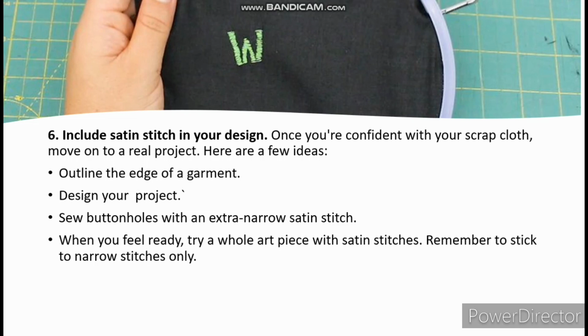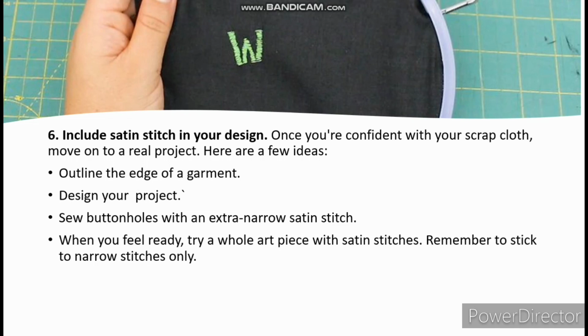We will stop here for this topic. Let's take a recap. We started with decorative stitches. We looked at the types of decorative stitches, where we mentioned chain stitches, stem stitches, satin stitches, feather stitches, whipped running stitches, herringbone stitches.